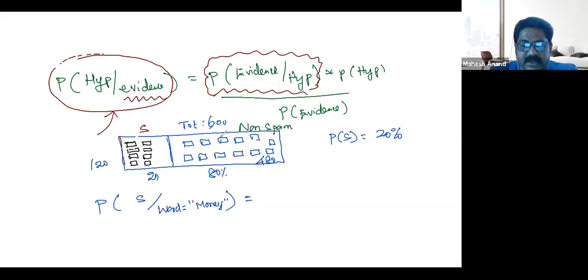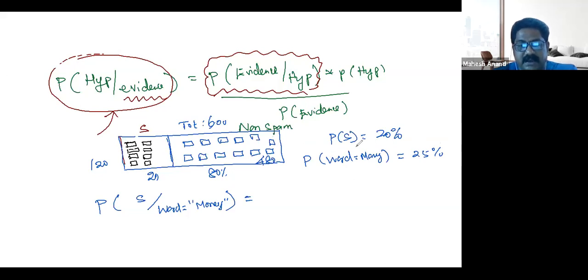Because some genuine emails can also contain the word money. So that's what the statistics tells. What additional information does the statistics tell here? You're counting the total probability of occurrence of the word money from your 600 email database. The probability of the money occurrence is 25%.